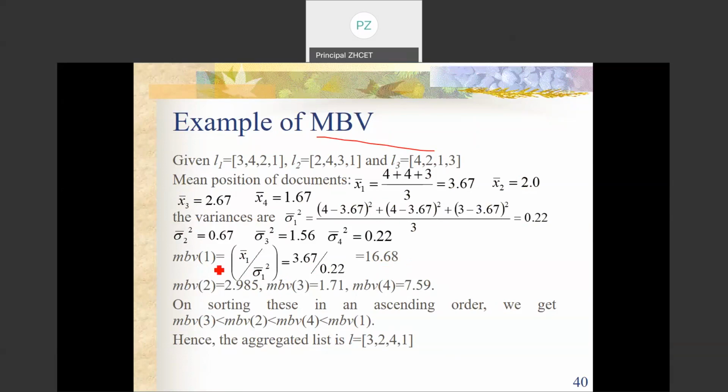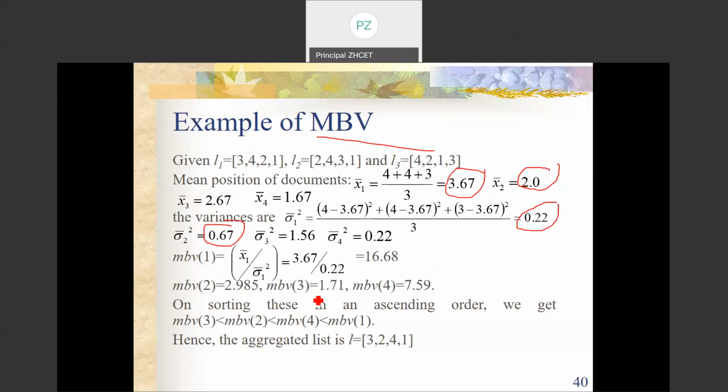So MBV1, which means mean by variance of document 1, comes out to 3.67 divided by 0.22, and this comes out to be 16.68. Likewise, MBV2, mean by variance of document 2, has to be 2 divided by 0.67, and comes out to be this.